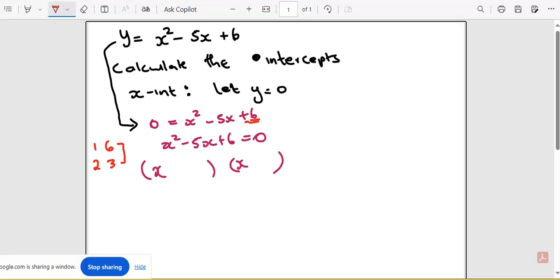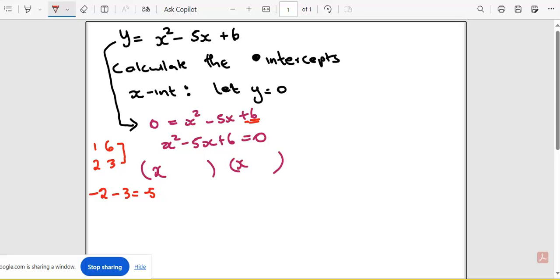Because the middle term is negative, I'll start with the bigger number, 3, and the smaller number, 2, both negative. These give us -5. Can you see that?